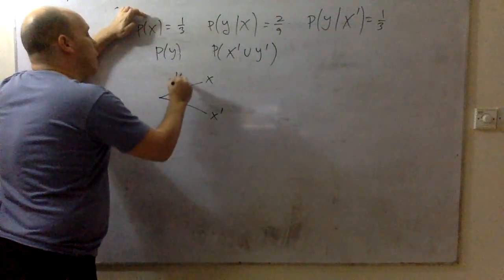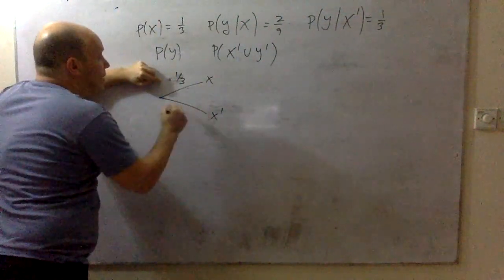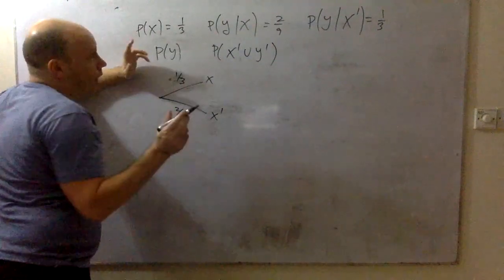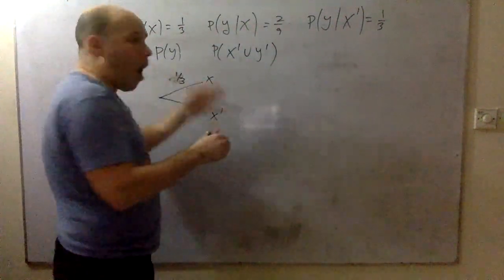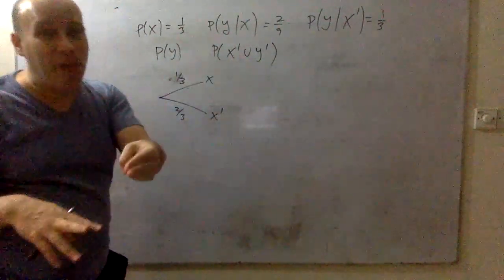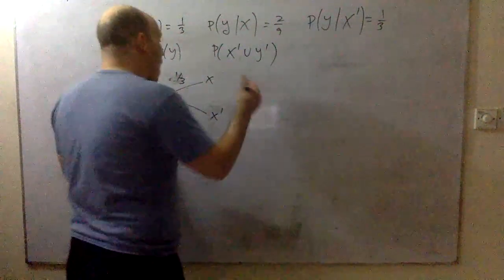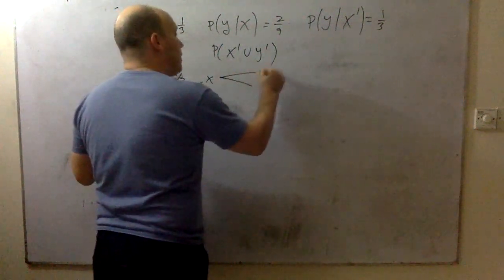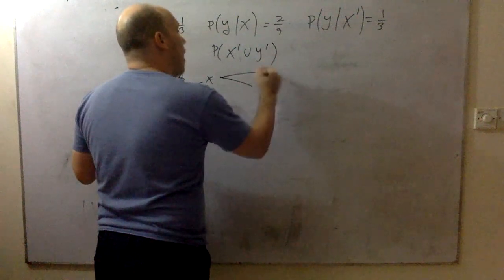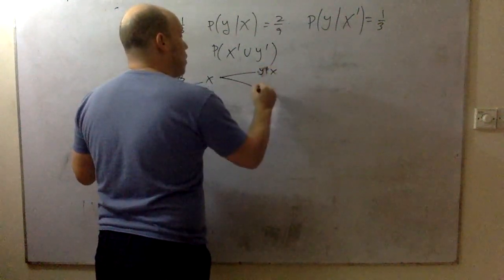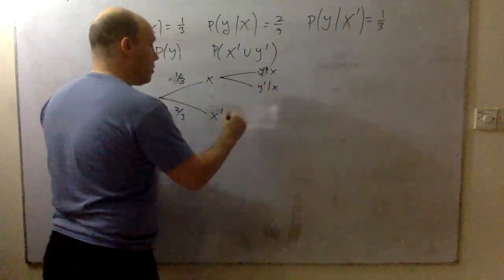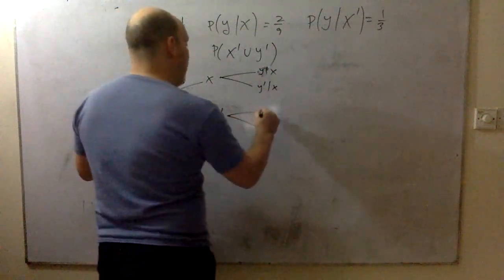And we know the probability of X is 1/3. Therefore, the probability of not X is 2/3. We also know that Y and not Y happened after X. So this is X. This is Y given X, and this is not Y given X.